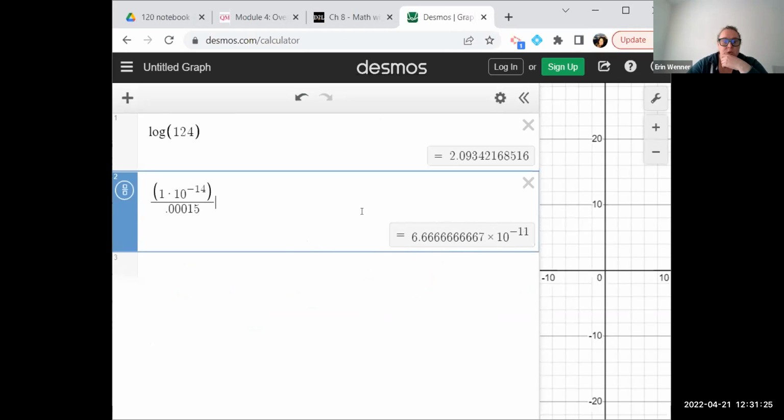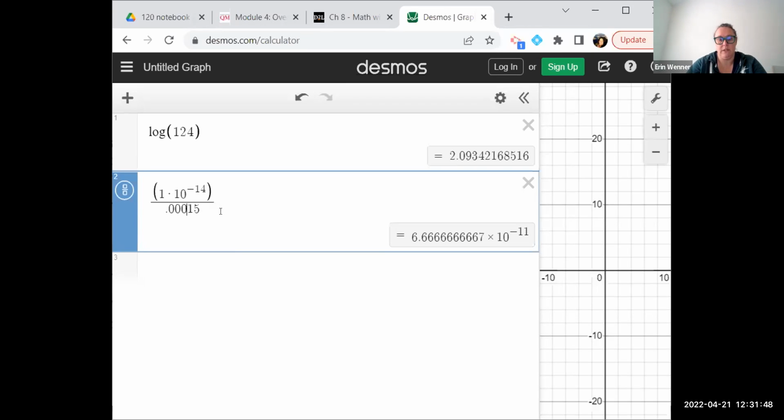Again, it's just making sure that you are typing it in completely. The reason I like Desmos is that you can see it represented as you actually are typing it. And you can go back and just click on something if you put that in wrong. You can click on the specific thing and fix it, and it will automatically recalculate.